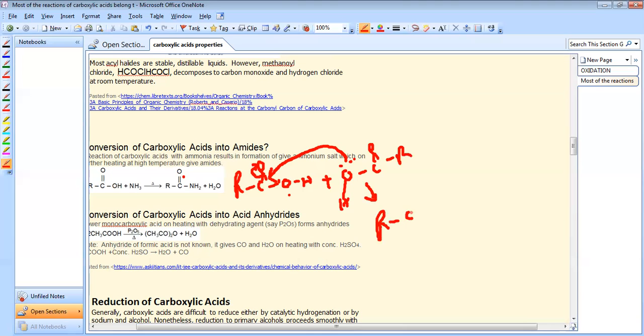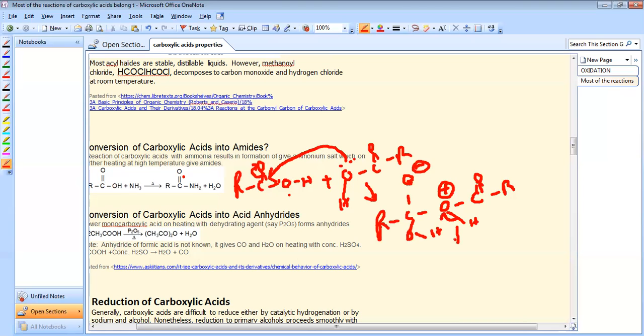Thereby we get R O minus, and already we have OH here. Next, a new bond is formed between oxygen and carbon that provides a positive charge on this oxygen. Next, deprotonation takes place.